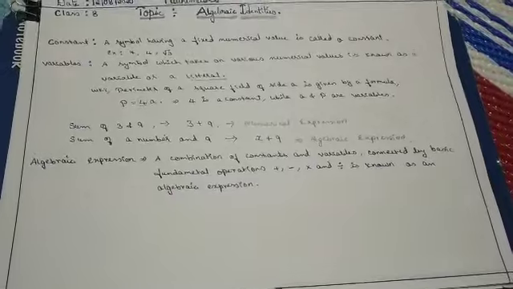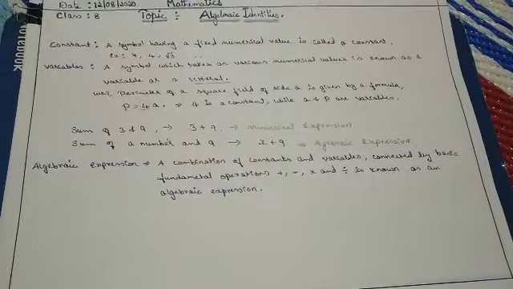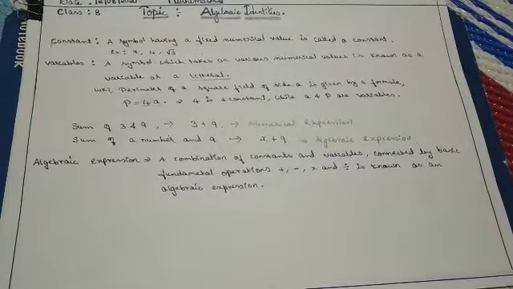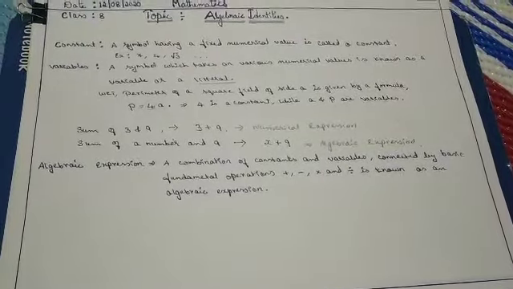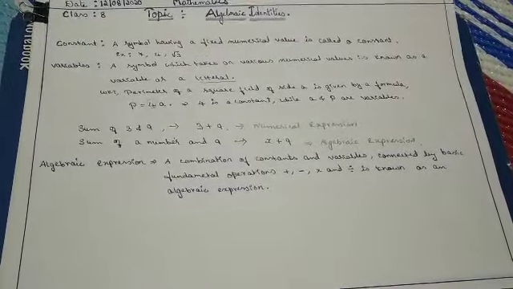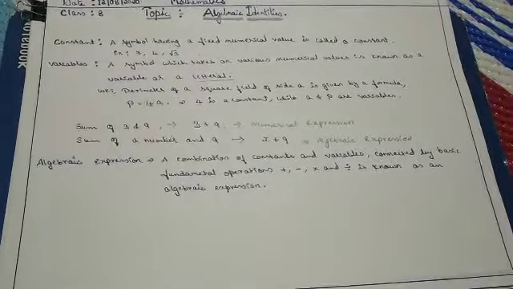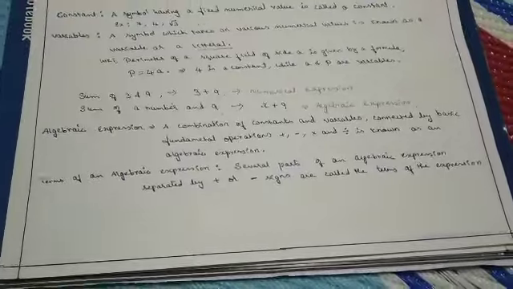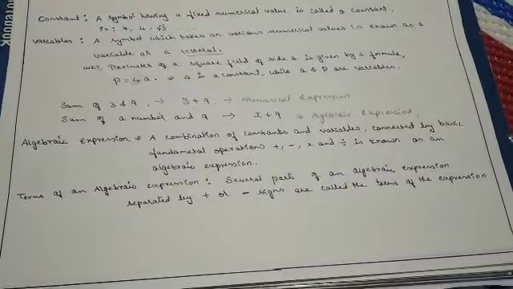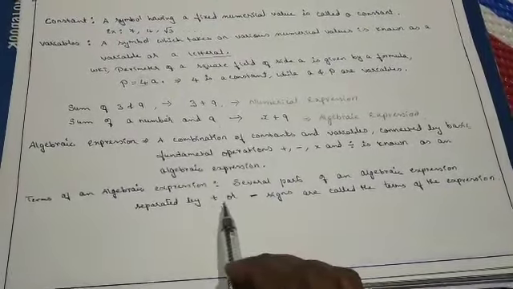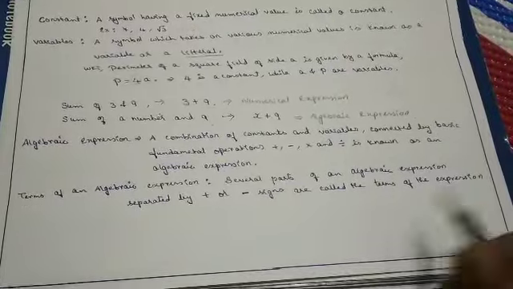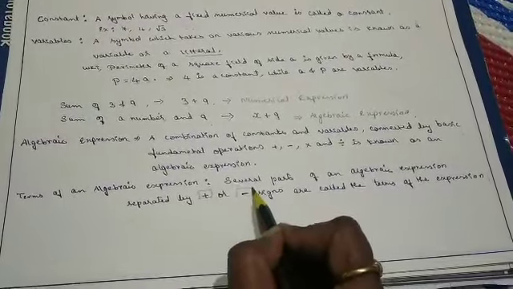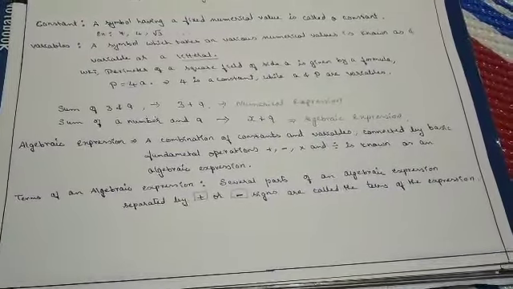So now let us recall the terms of an algebraic expression. Several parts of an algebraic expression which are separated by plus or minus sign are called the terms of the expression.